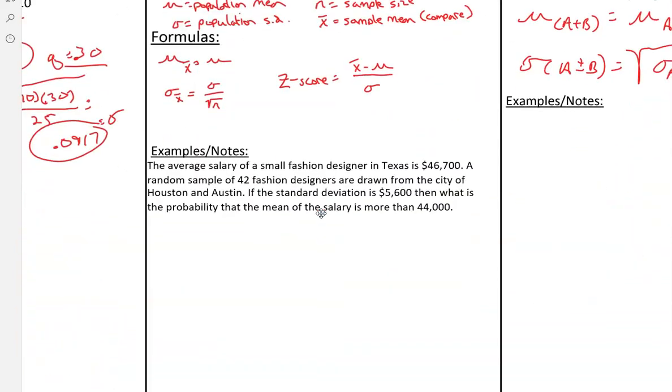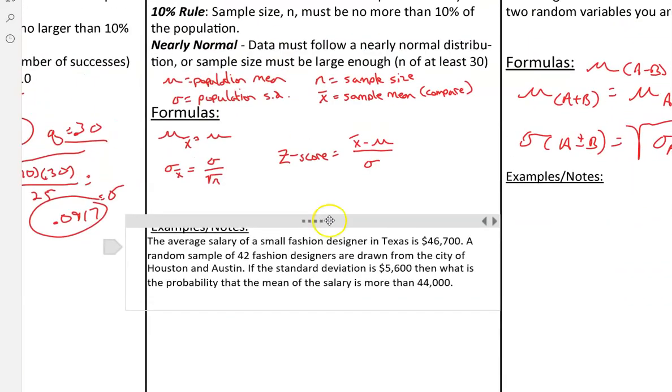So let's take a look at an example problem. The average salary of a small fashion designer in Texas is $46,700. So that is our mu right there. That's the actual average salary.